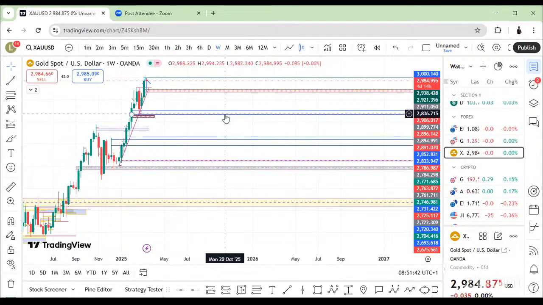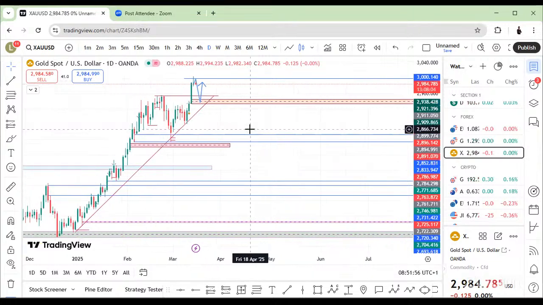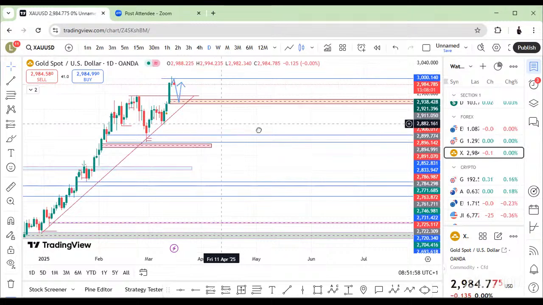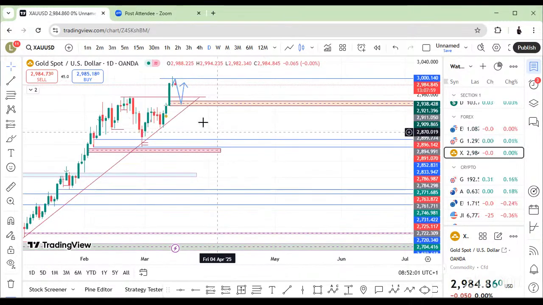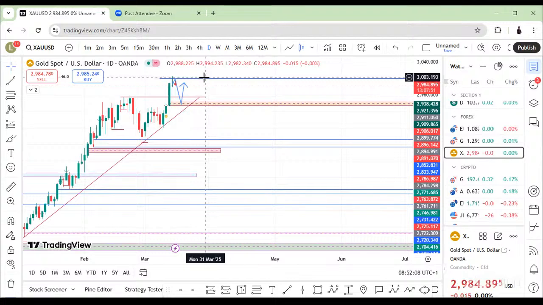Now, the short we are expecting is not a long-term short, it's just more of a pullback, and we are going to see that much more clearly on the daily time frame. If you can see the candlestick pattern forming on the daily time frame, it's showing us that after the precious metal traded into the 3,000 level, which is where we've been expecting for quite some months now, the buyers have taken their profits.